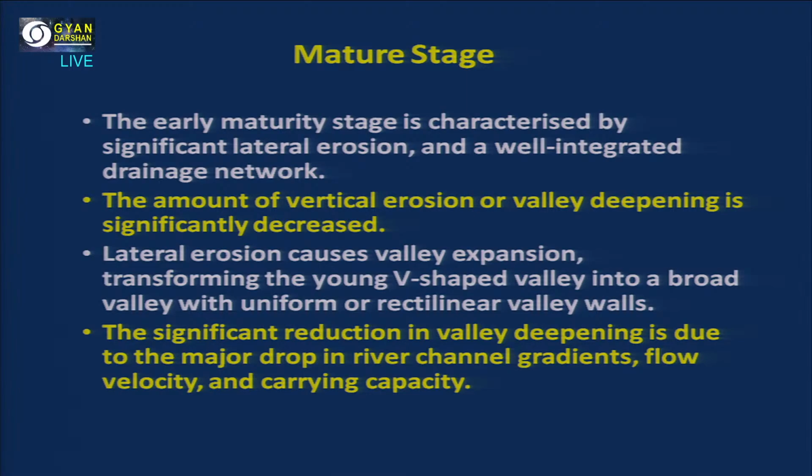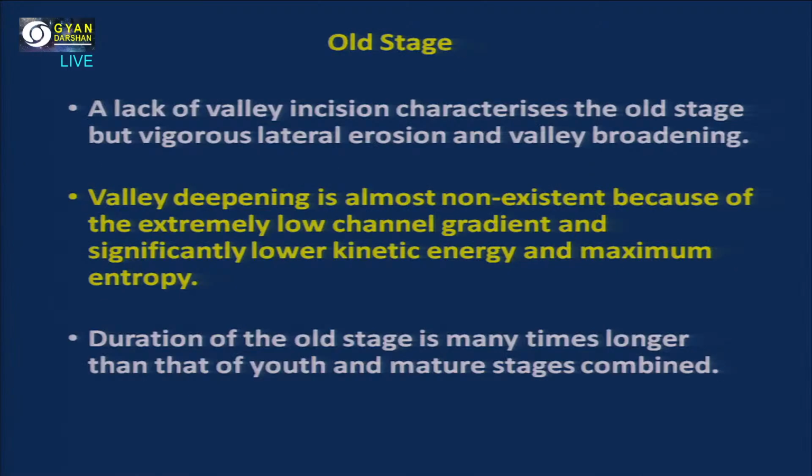And this is also characterized by a well integrated drainage network, and the amount of vertical erosion or the valley deepening is decreased as discussed in the mature stage, and the lateral erosion increases, and that causes expansion of the valleys, and that changes the V-shaped valley into a broad valley with uniform or rectilinear valley walls. And the significant reduction in the valley deepening is due to the major drop in the river channel gradients, flow velocity, and also due to the carrying capacity.